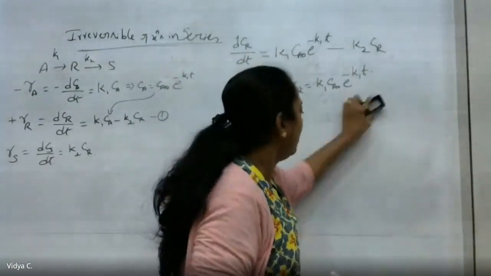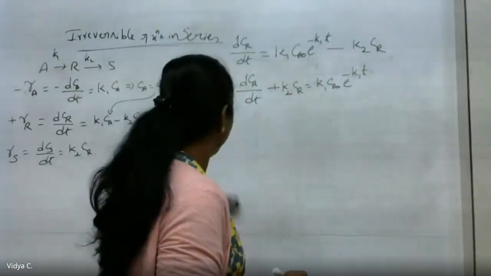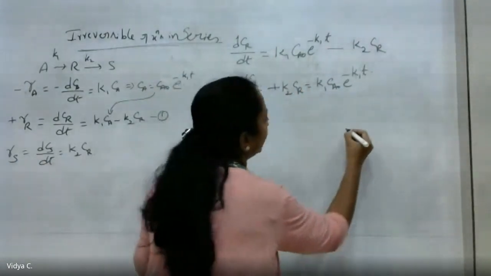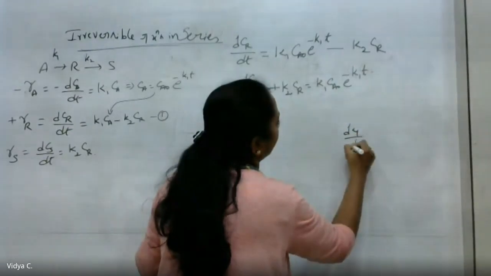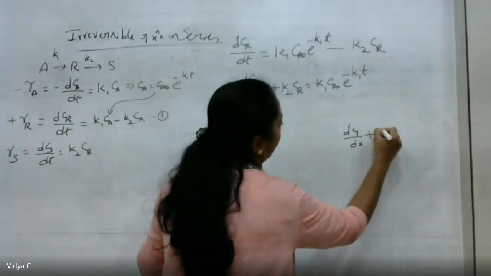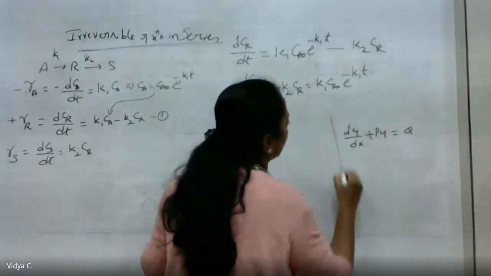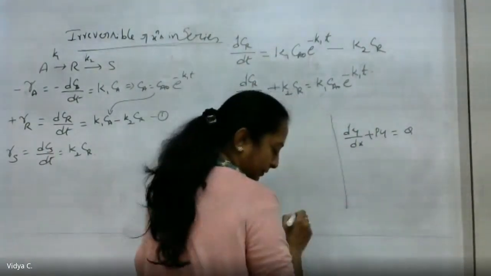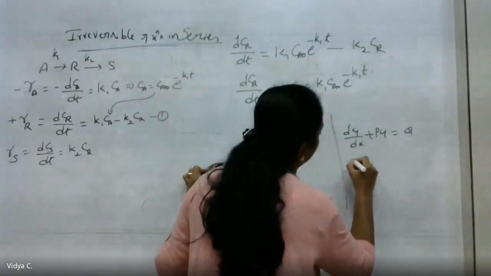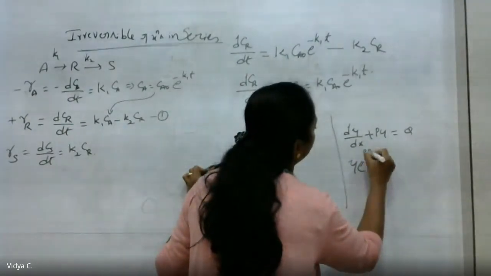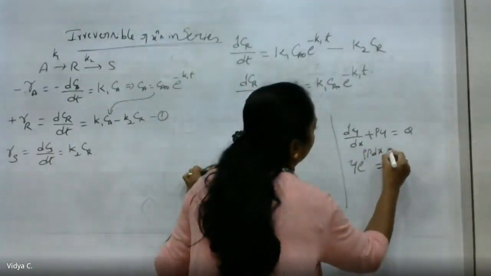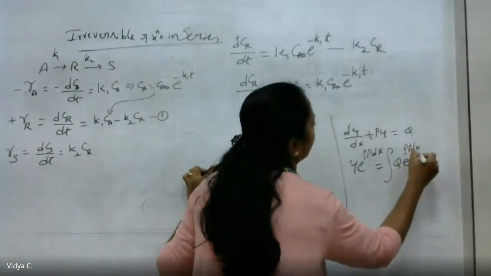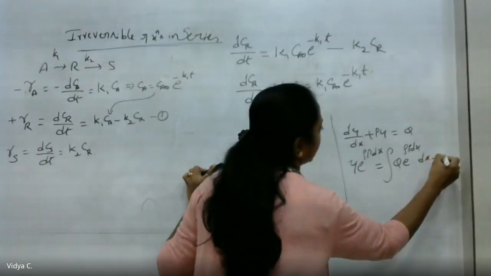Now the solution for this equation, we know complementary function and particular integral, where for dy by dx plus Py is equal to Q, the solution is y into e to the power of integral P dx is equal to integral of Q into e to the power of integral P dx plus c.